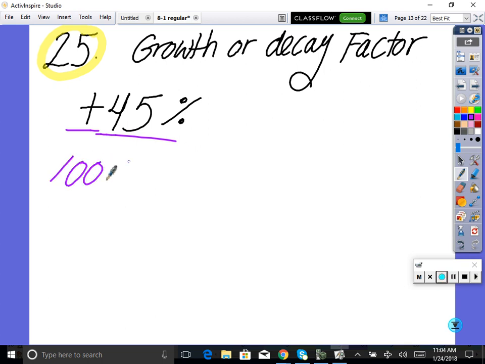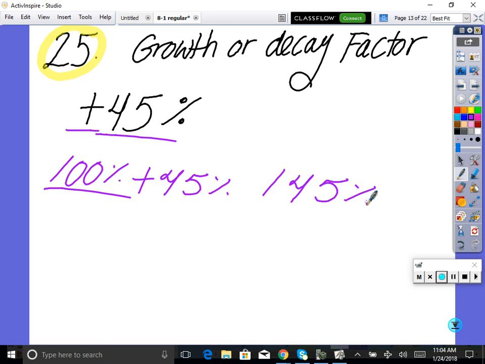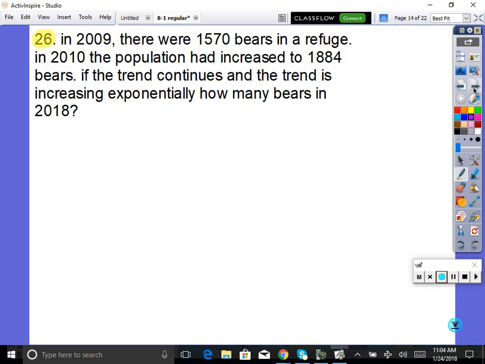So if we're adding 45%, we're getting 100% back plus 45%, correct? Which is 145%, which is a growth factor of 1.45. Exactly. Awesome job. That's all we do. That is our growth factor. That's saying we grew by 45%.